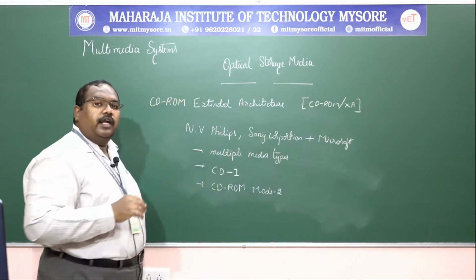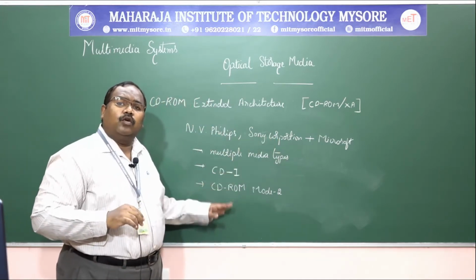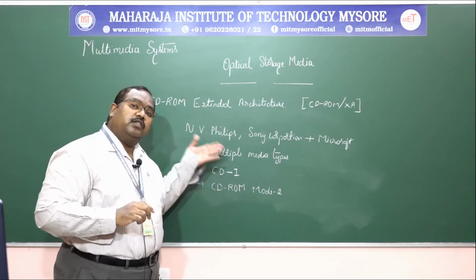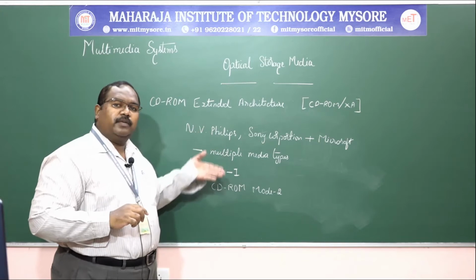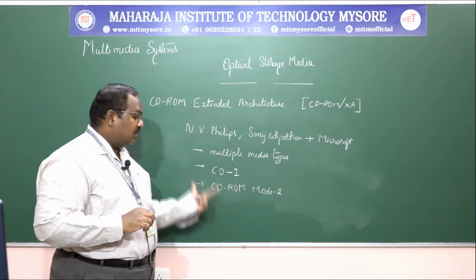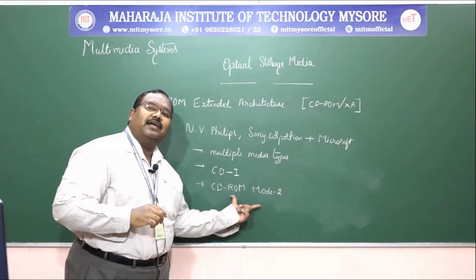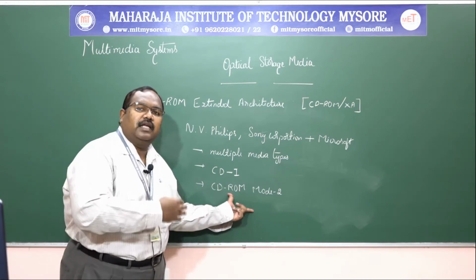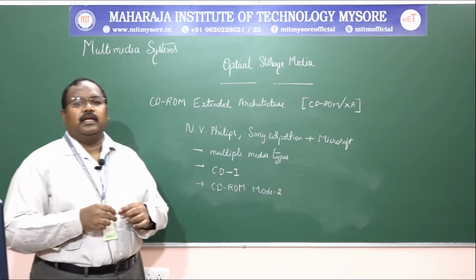It does not make use of mode 1. In the previous sessions we have seen what mode 1 and mode 2 are with respect to CD-ROM. Now CD-ROM extended architecture uses CD-ROM mode 2 as its primary specification. Based on this, the CD-ROM extended architecture has been developed.